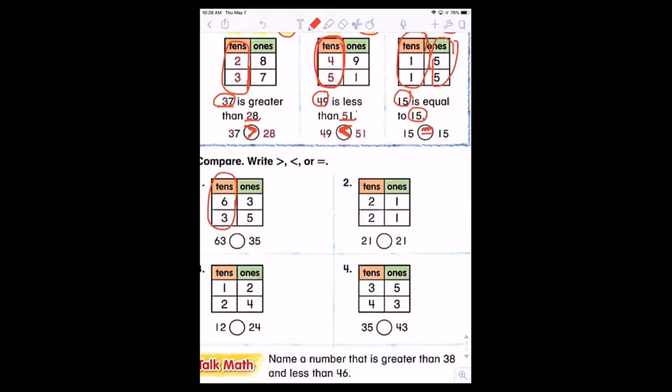So is 63 greater, less than, or equal to 35? The symbol is going to be this way. Remember, the mouth of the alligator is always facing the greater number.